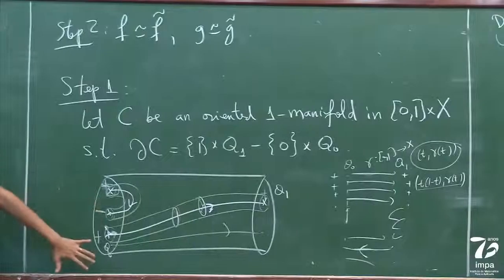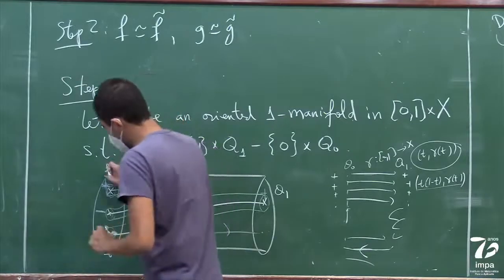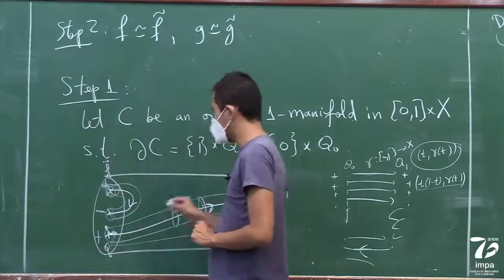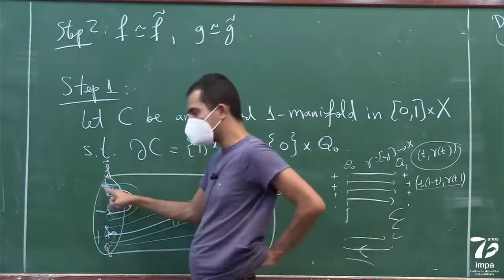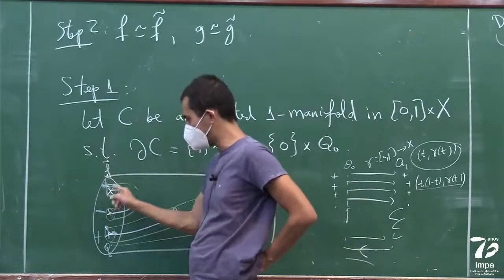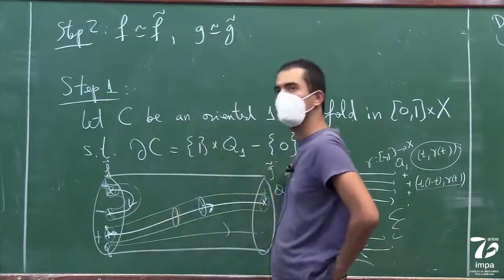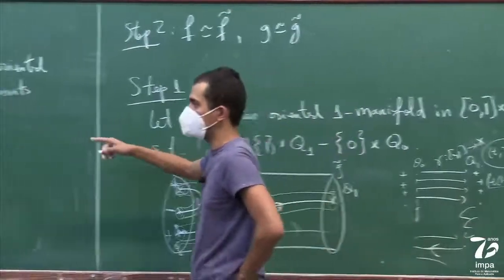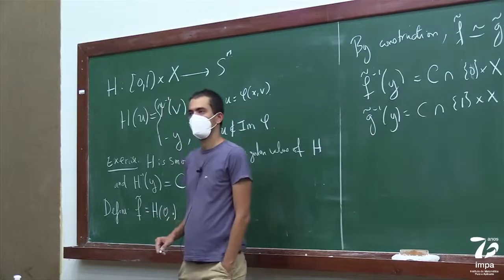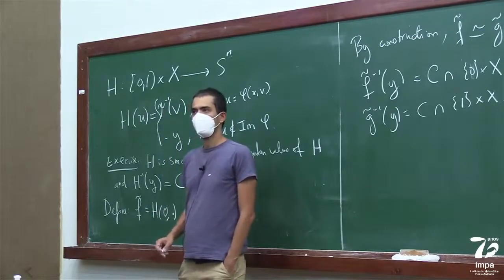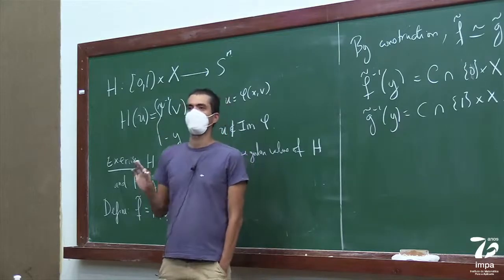So like in this particular picture, F tilde is this function restricted here, and G tilde is the function restricted here, and when you take the preimage of y, you're going to get exactly the intersection of C with this slice. So these points are supposed to come with a negative sign because of this, but you flip the sign because you define F tilde as the function like this.